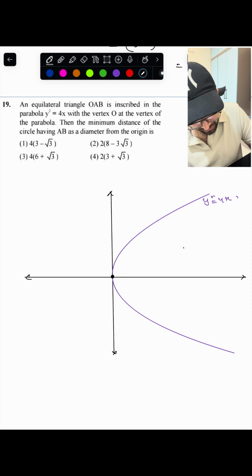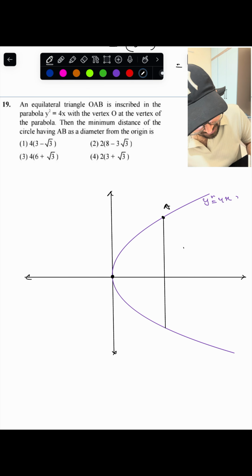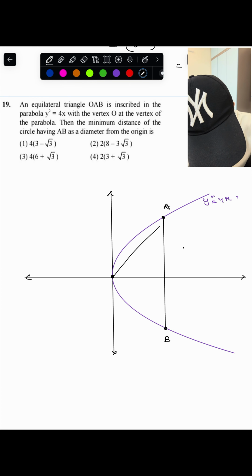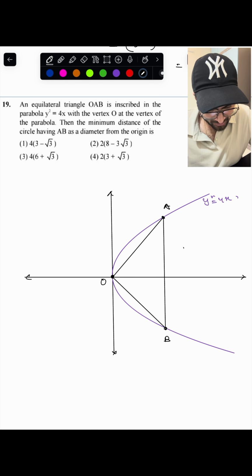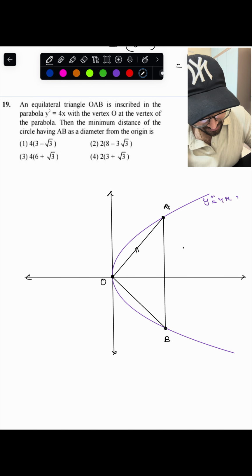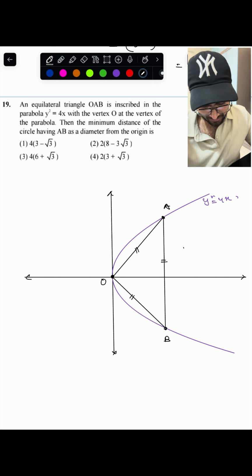Let me draw an equilateral triangle. Equilateral triangle means definitely it should be like this. A should be here, B should be here, both symmetric about the x-axis. So I can join this one. Same kind of question we have done in the hyperbola previously. OA, OB and AB, all three sides are equal here.